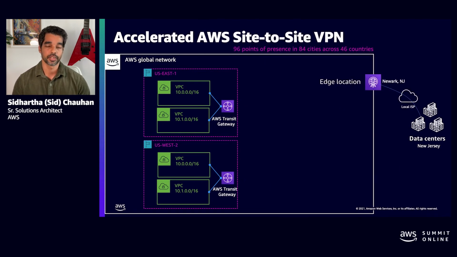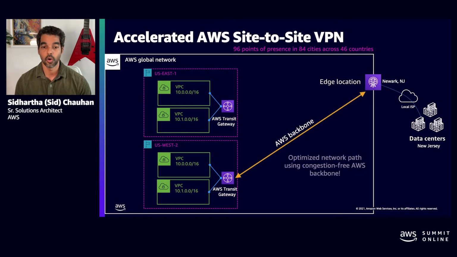Using accelerated site-to-site VPN, you have an option of sending traffic into the AWS global infrastructure as soon as possible via our edge locations. So when you're using accelerated site-to-site VPN, in this example, the IPsec VPN traffic can be sent from your data centers in New Jersey to the Newark, New Jersey edge location, which is an AWS edge location.